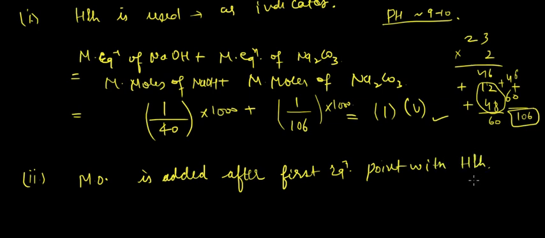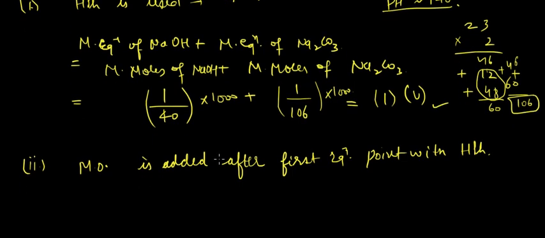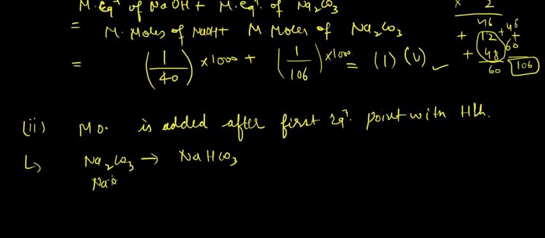So what will happen in that case is, first Na2CO3 would be getting converted into NaHCO3, and NaOH would also be reacting. So these two at the first equilibrium point would be there.